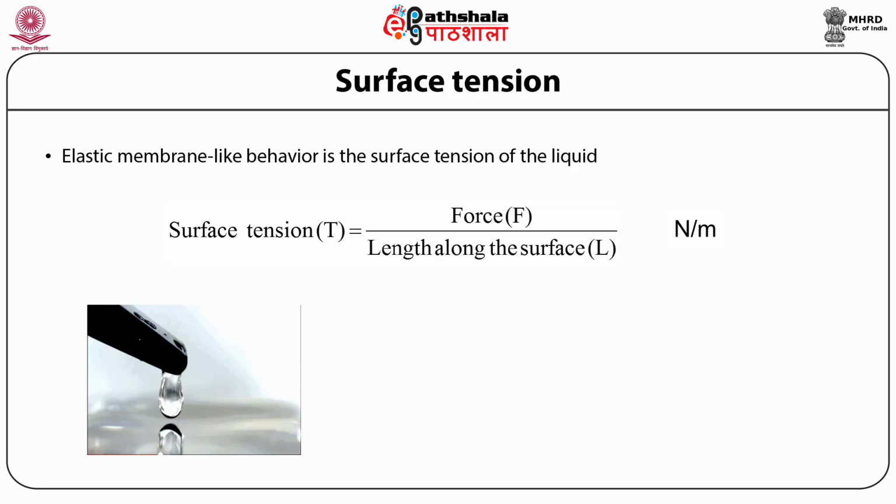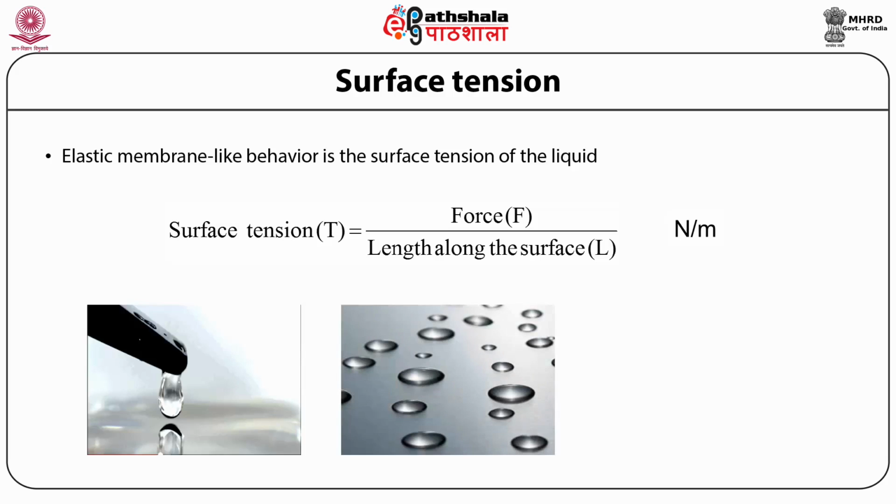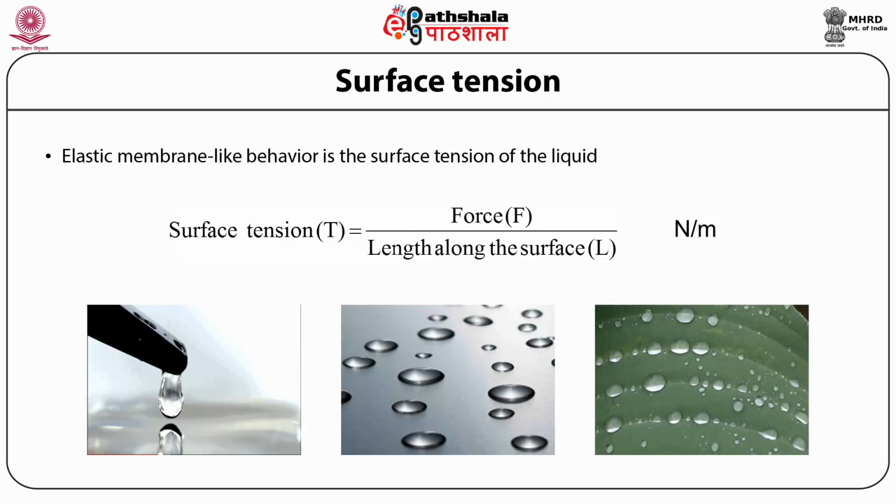Why is the water drop having a shape of that sort? In the second one, you must have seen water drops on a smooth surface or water drops on leaves. Why are these like this? It's all because of the surface tension of the liquid, or in these cases, of water.